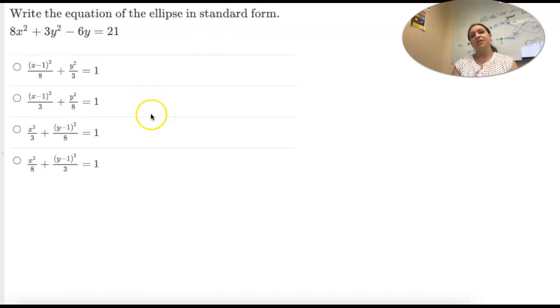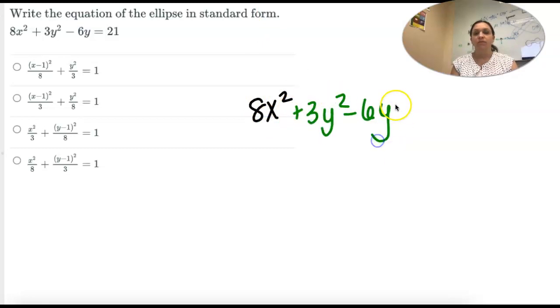Alright, so sorry to break it to you, you are going to have to complete the square like we did in our last section. So I have 8x squared, but here I have a y squared and a y. That's what I have to complete the square on because I have two separate y terms and I only want one, right?